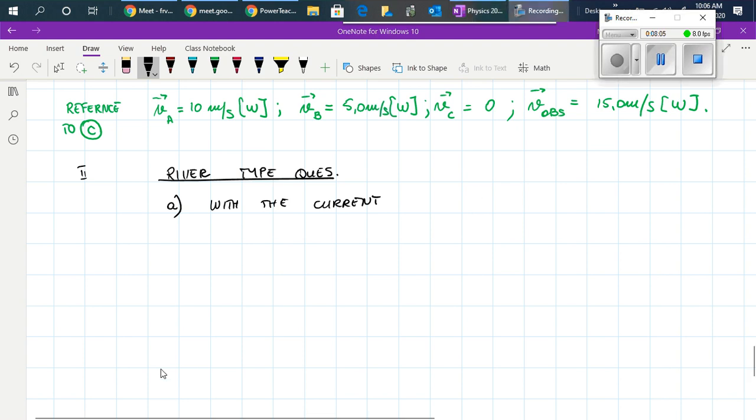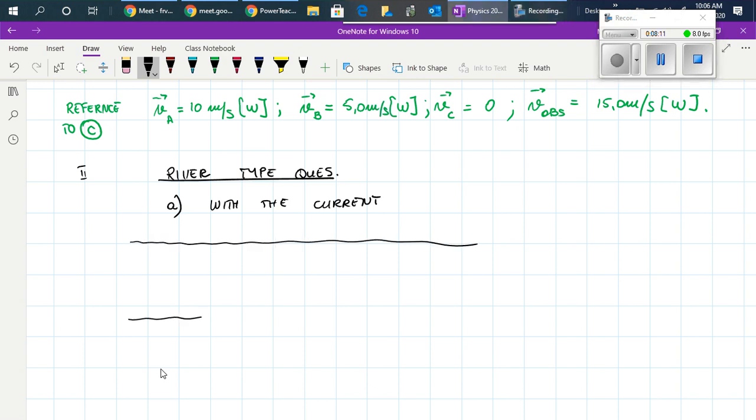So what do we have in this case? The questions that you will see are that you have a river, an observer here, and a current. The current can be east or west, it doesn't really matter. Let's say the current is 10 meters per second going east.